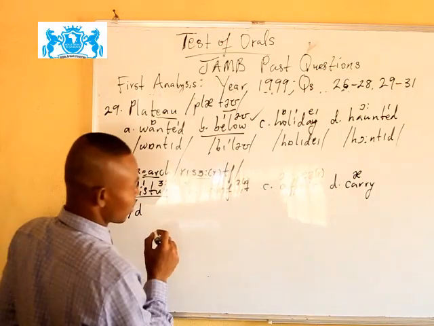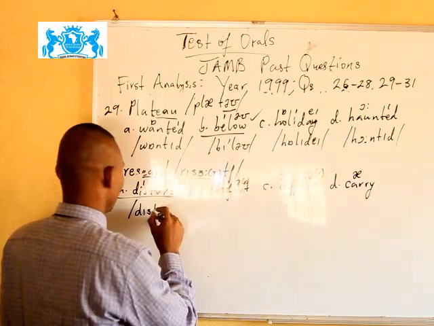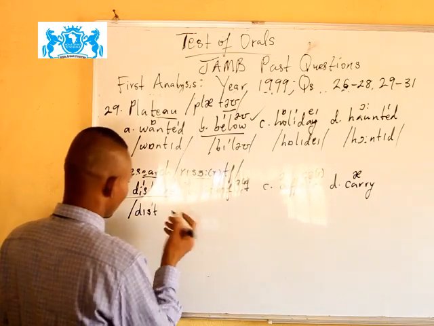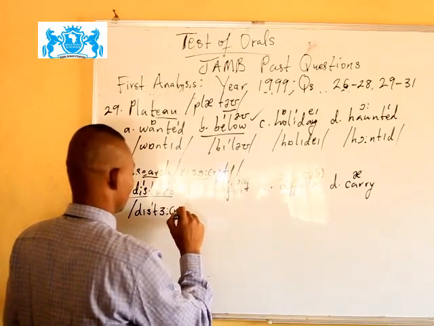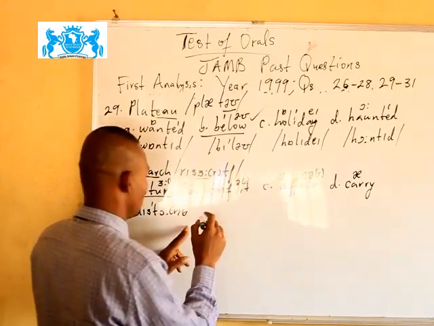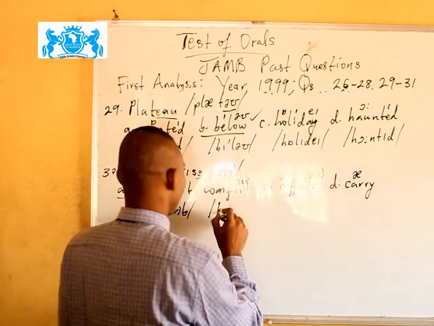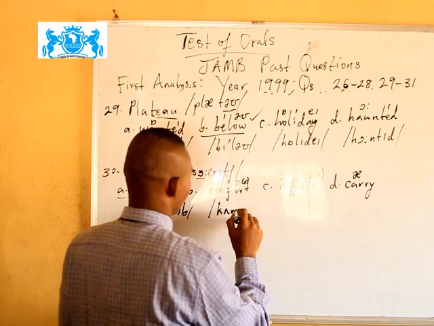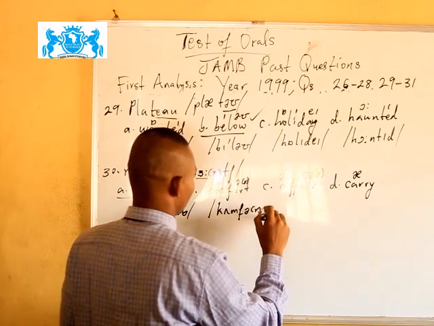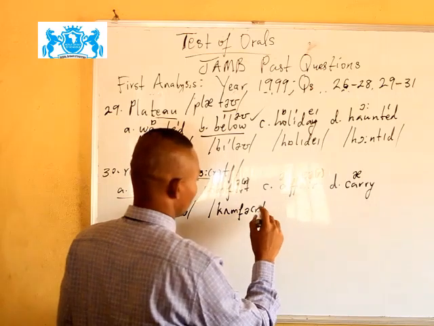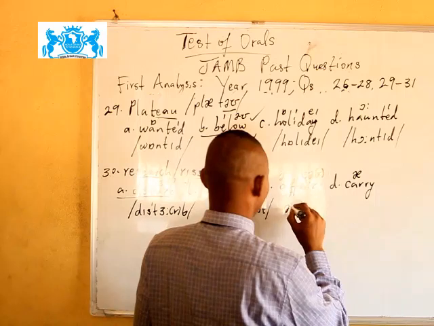So let's transcribe them. We have disturb, if it's a verb. Then comfort. Comfort. Affair.